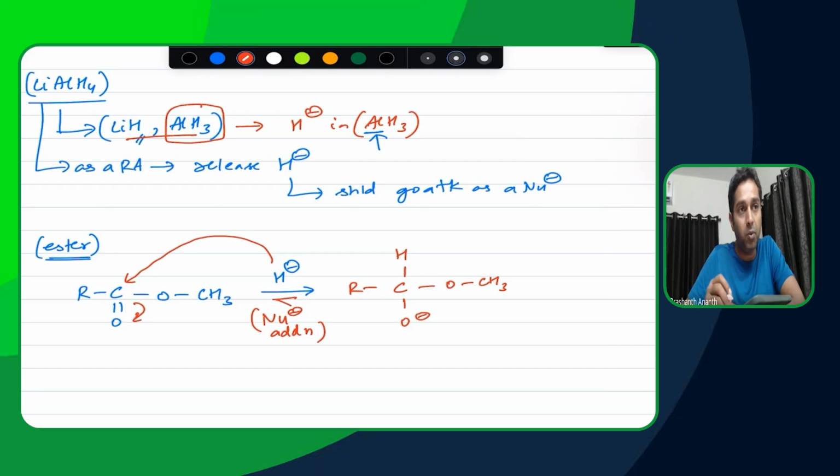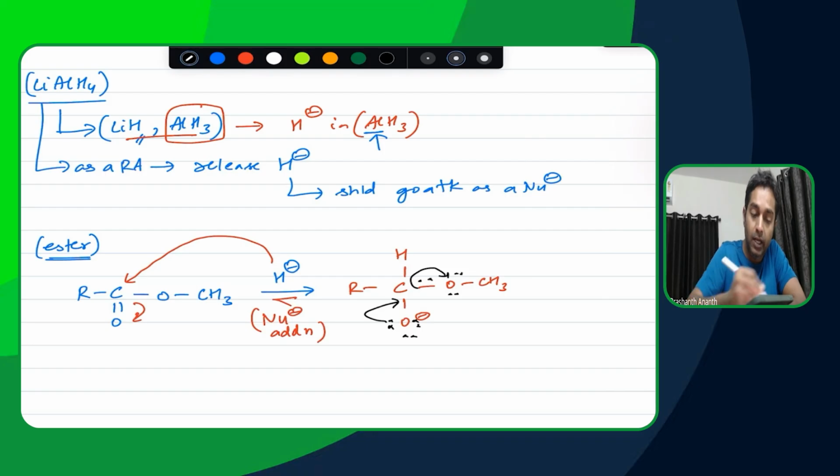In the next step, this O minus has got 3 lone pairs. One of them will shift inward, and these 2 electrons will be taken over by the oxygen, which already has 2, and we end up having this oxygen leaving. So what is obtained as a product here?